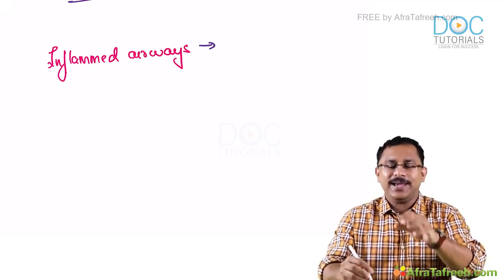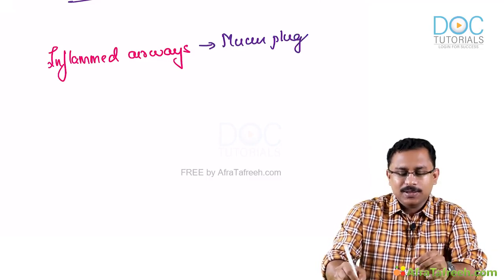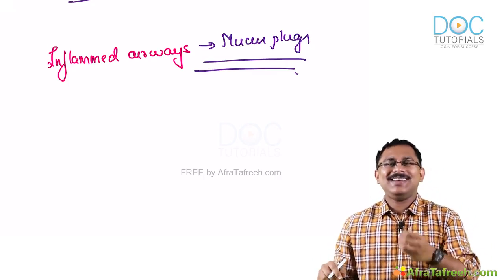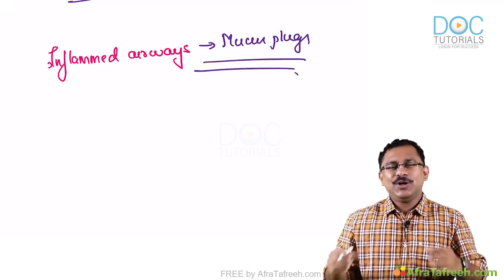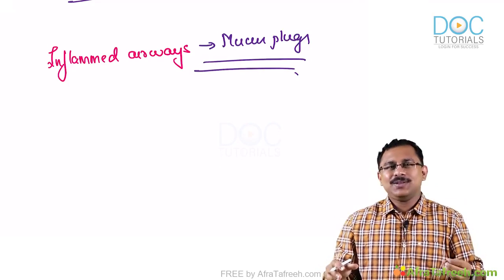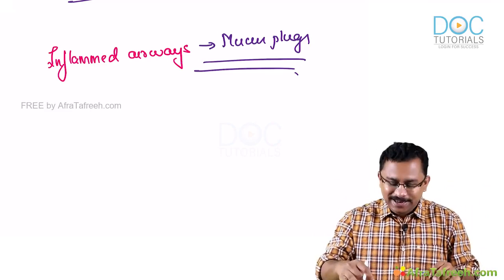Inside the inflamed airways, you are seeing mucus plugs. So that is what happens in chronic bronchitis. Do you see how different it is from emphysema? Though it falls under the COPD umbrella, you see how this domain is slightly different.